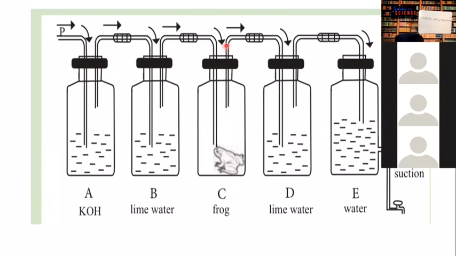Carbon dioxide is released during the cellular respiration of frog. You can write that down. That's the conclusion of this experiment. Next question.